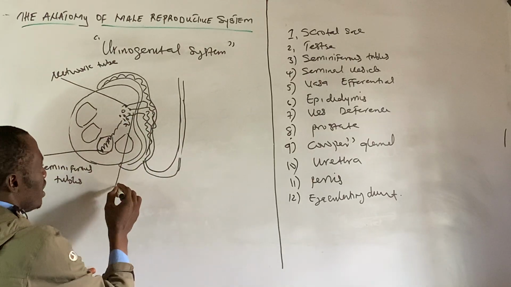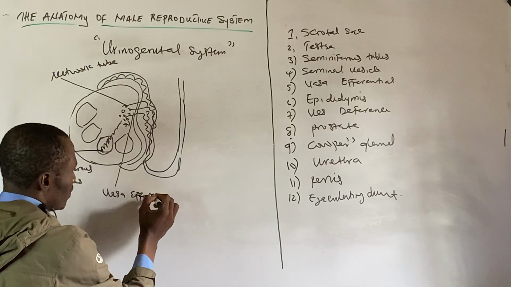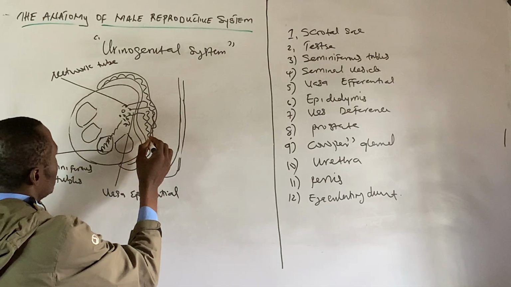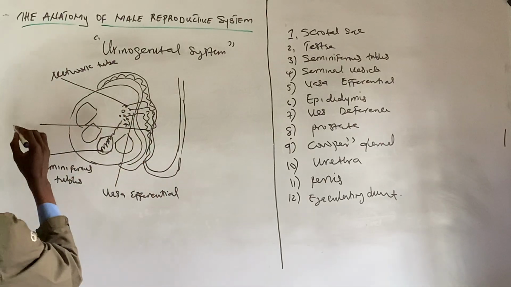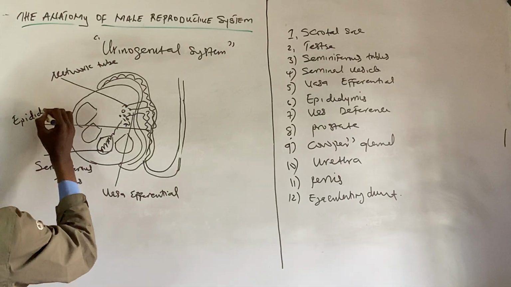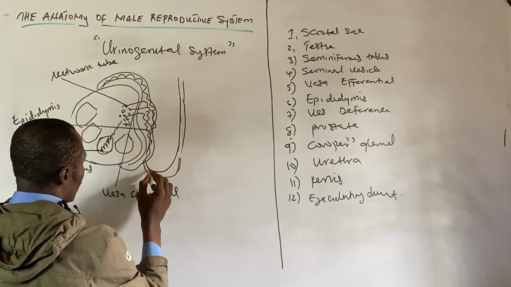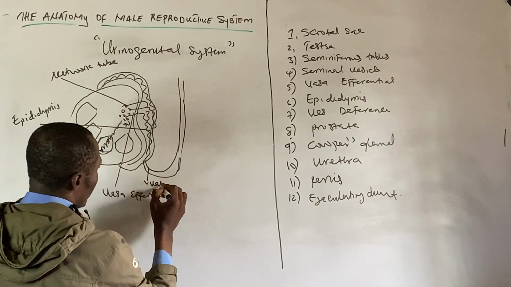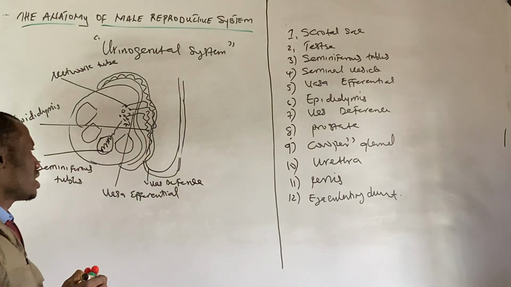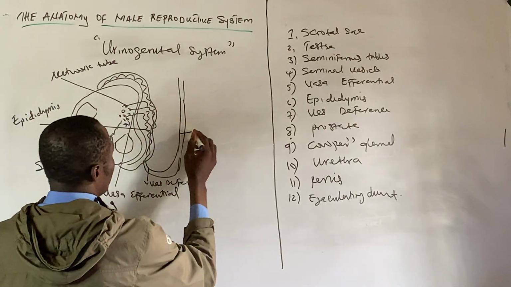Here is the vasa efferentia, and I'll tell you why. Here is the epididymis. Here, very close, is the vas deferens. The vasa efferentia and the vas deferens, I'll tell you the difference between the two. Now, here is the urethra.